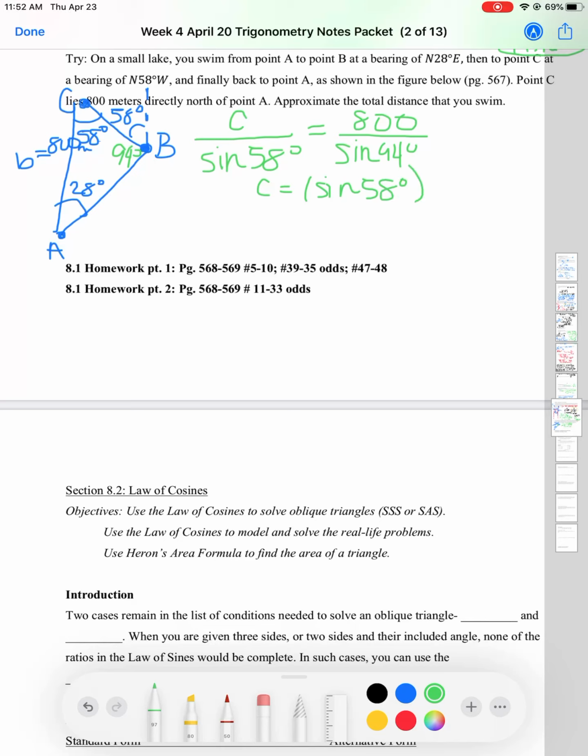So C is equal to sine of 58 degrees times 800 over sine of 94 degrees. So C is about 680.1.